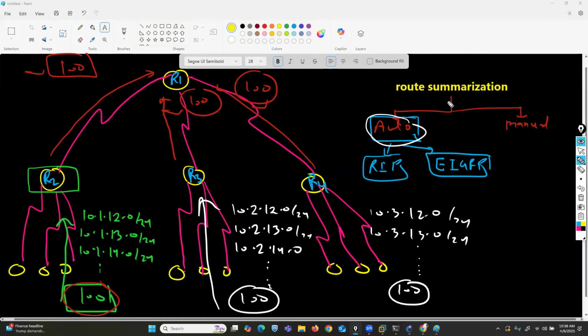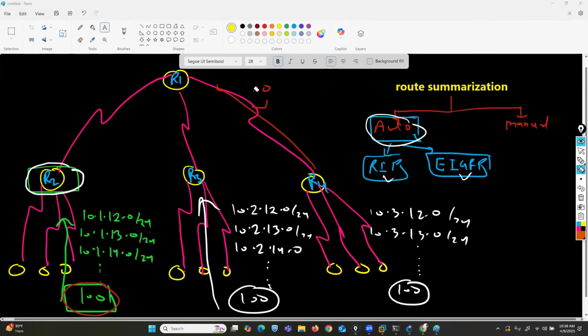It means if you are using the RIP or EIGRP protocol in this design, then R2 is trying to minimize the size of the routing table. So R2 will send only one entry. R2, R3, and R4 will minimize the size of the routing table because RIP and EIGRP do auto summarization by default. So R2 will summarize 100 network information in a single line and then send it to R1.